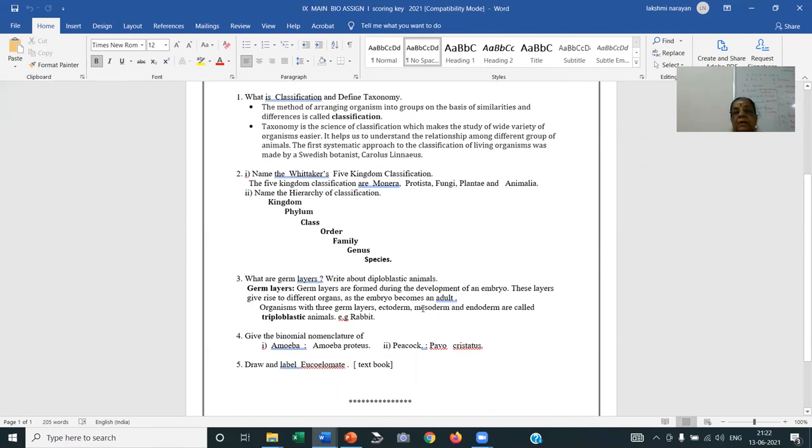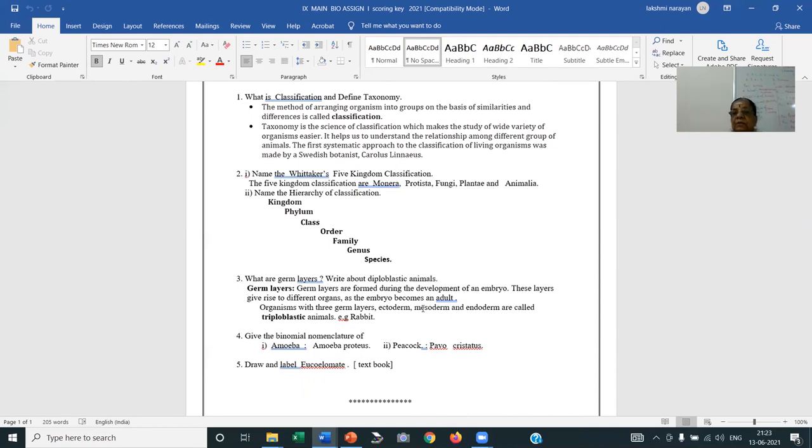Then, what are germ layers? Germ layers are layers formed during the development of an embryo. The zygote is formed as a result of fertilization, that is the fusion of male and female gametes.